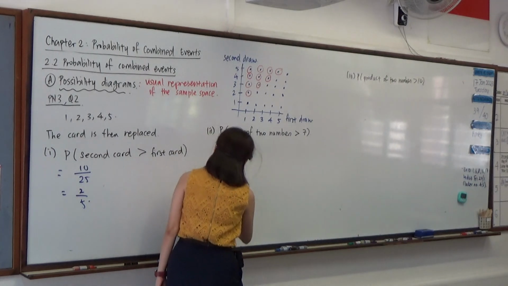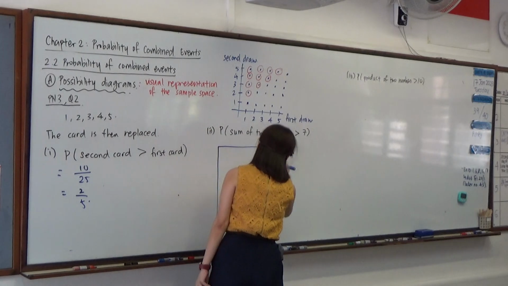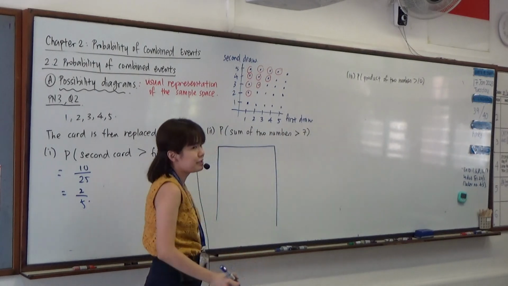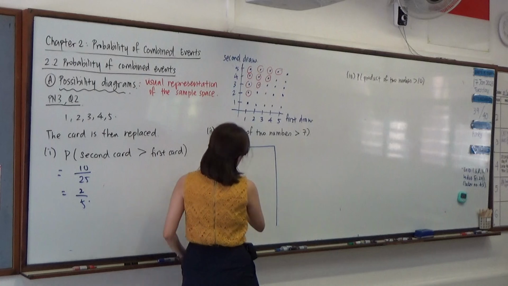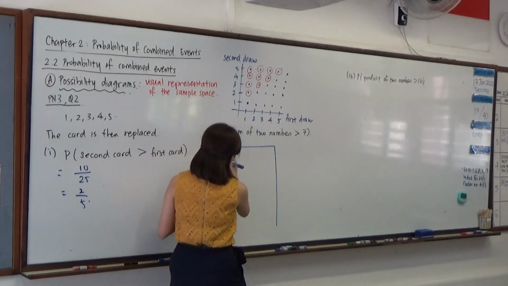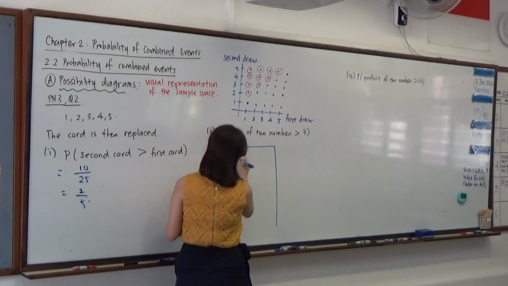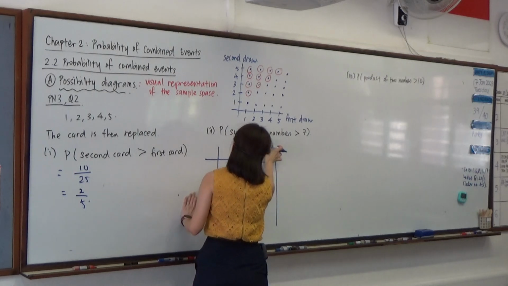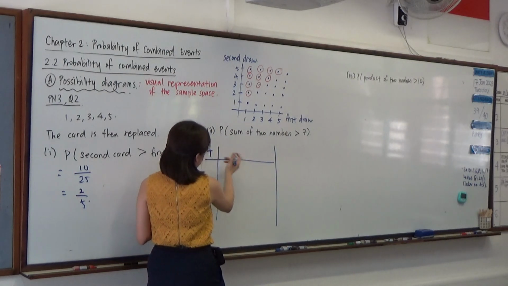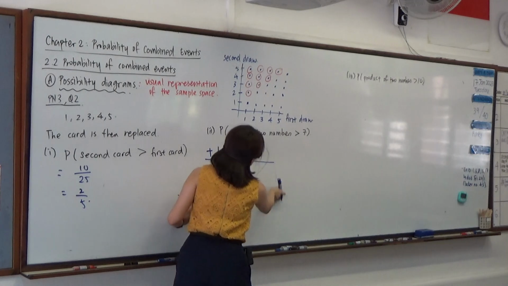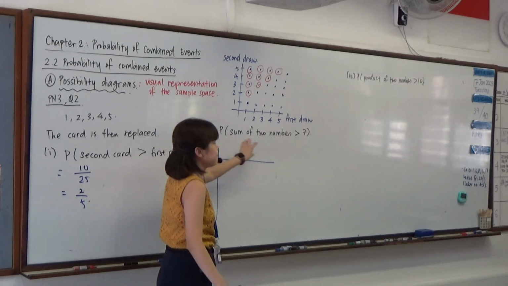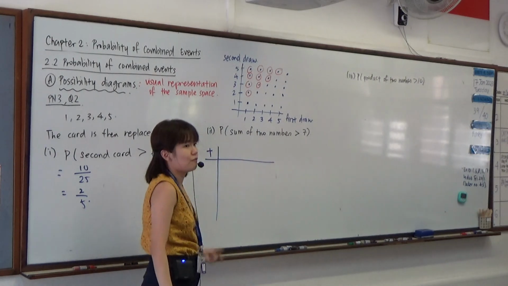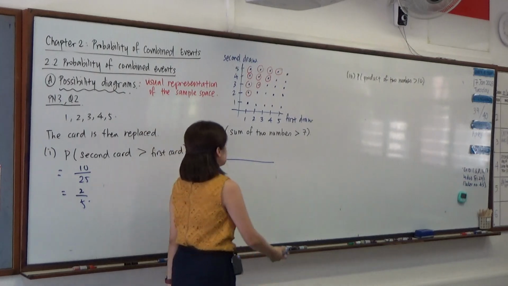Okay? So the other way of drawing our possibility diagram is to have it in table form. Maybe you can skip the border if you want to. Essentially now we're looking at the sum of 2 numbers. So you have your first number over here, second number over here, or the other way around also can.